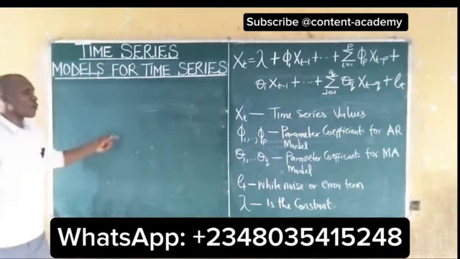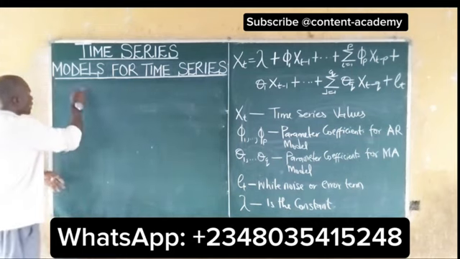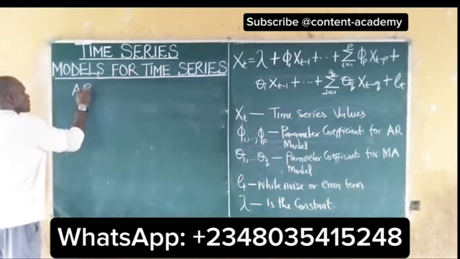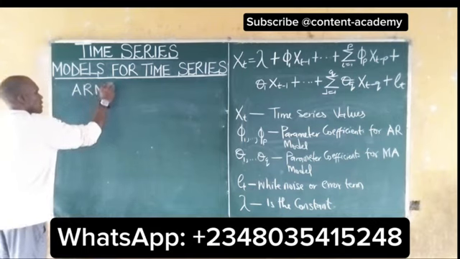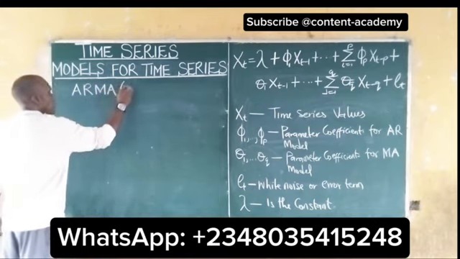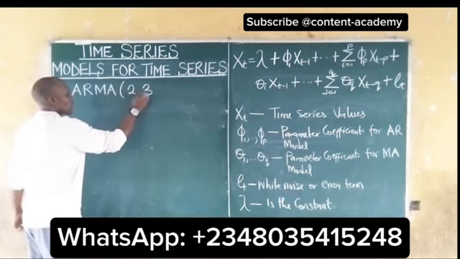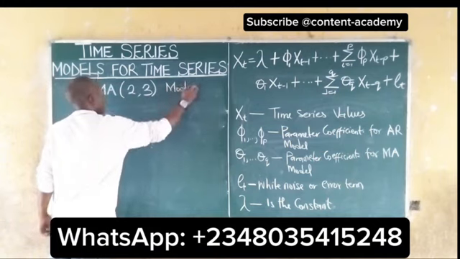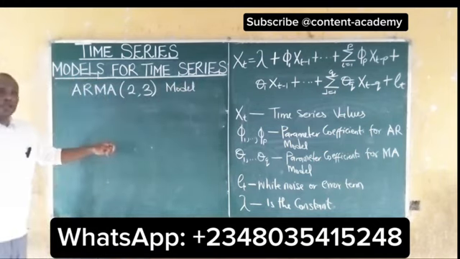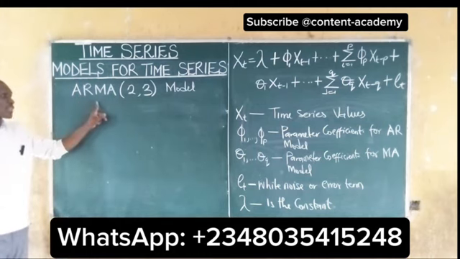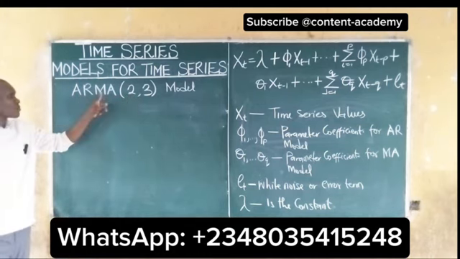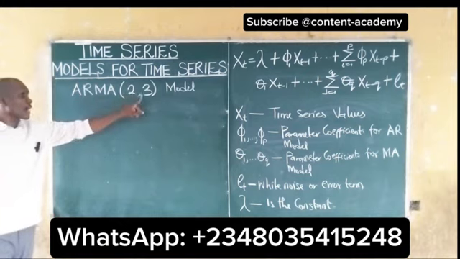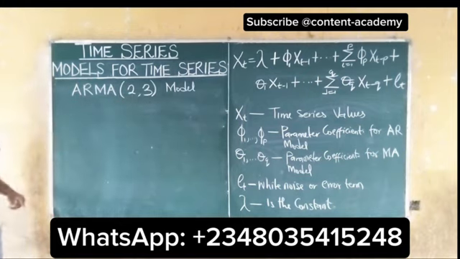Now, how can we compute the ARMA model? For example, if we are asked to compute the ARMA model of order 2, 3, what this simply means is that we have the autoregressive model of order 2 and the moving average model of order 3. How do we write it?